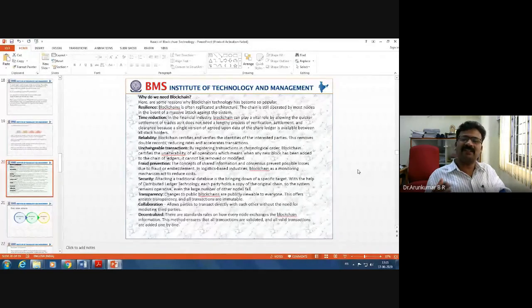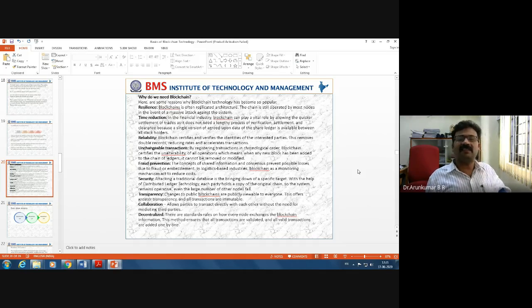Once you have this type of process in place, we can assume that the records are not changed at any point of time, and a single version of the agreed-upon data of the shared ledger is available between all stakeholders. Everybody will have the same record. That way, time reduction happens during the settlement of bills.